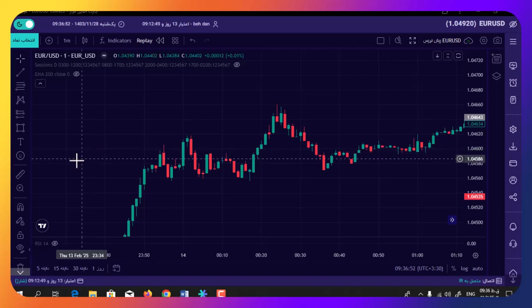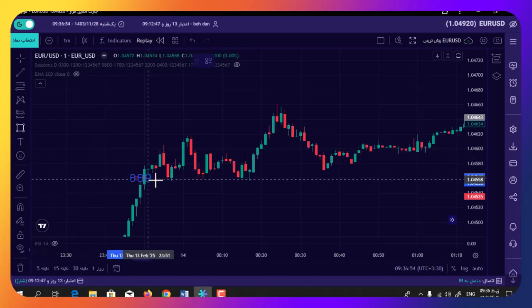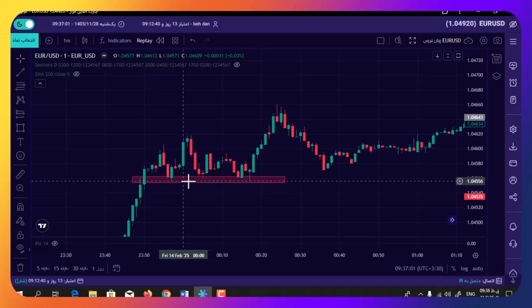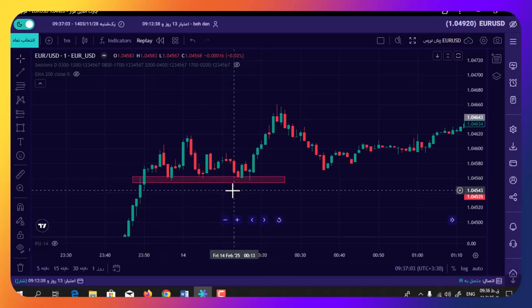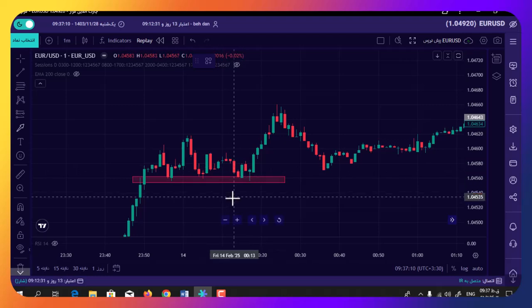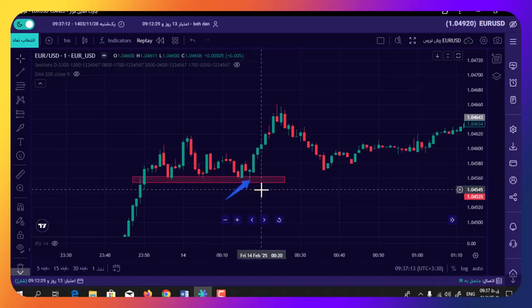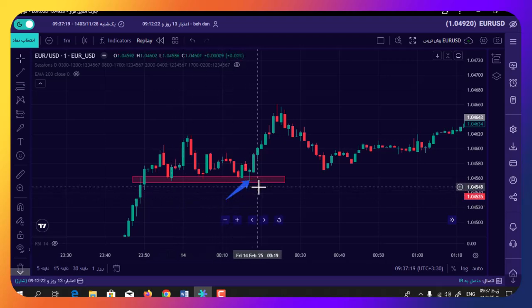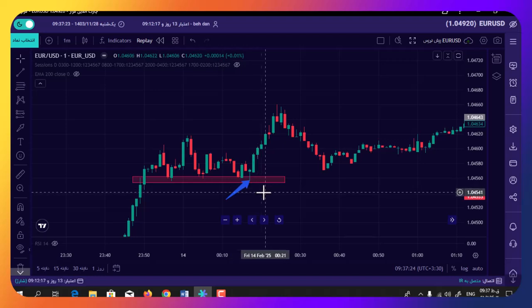A static support example. Here we have a static support zone, and after touching it, a hammer candlestick forms, leading the price to increase.